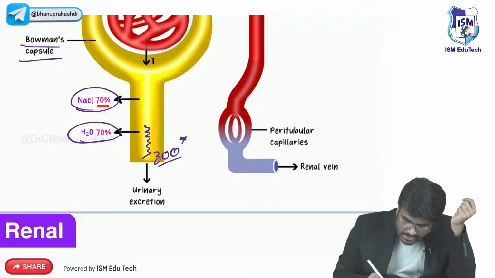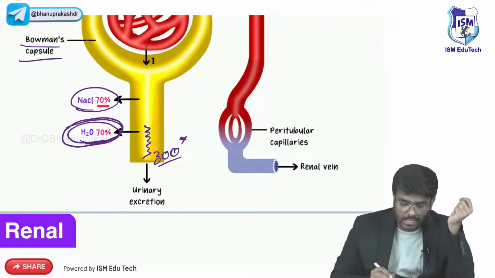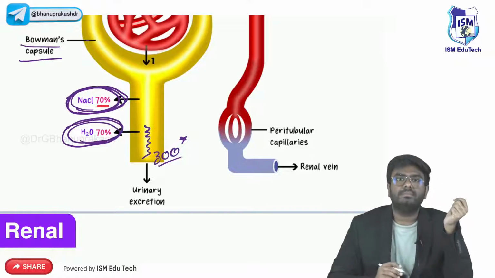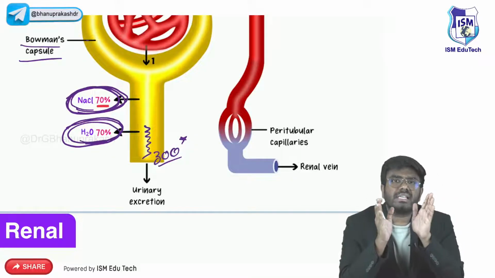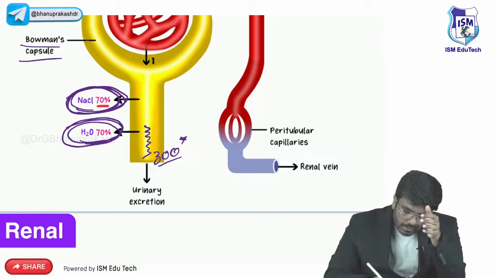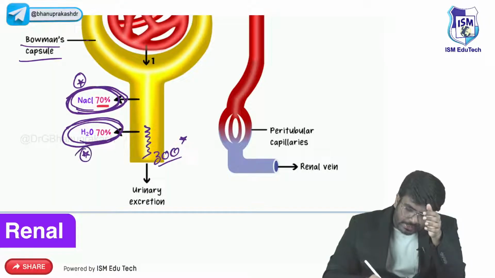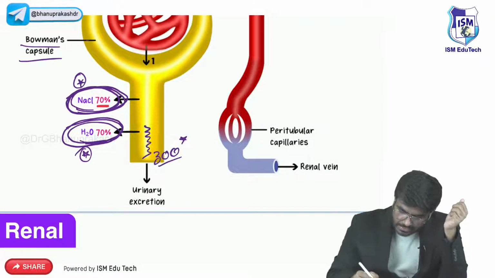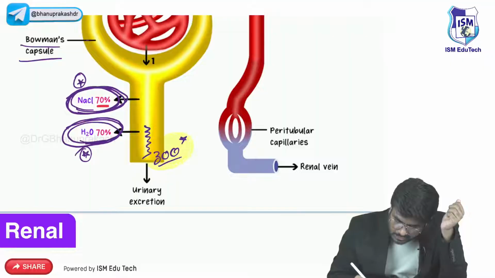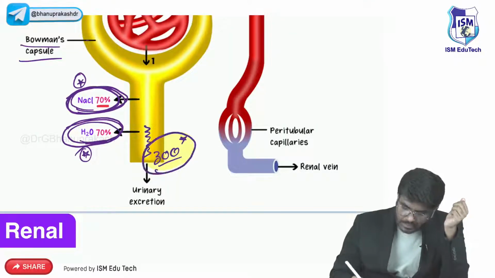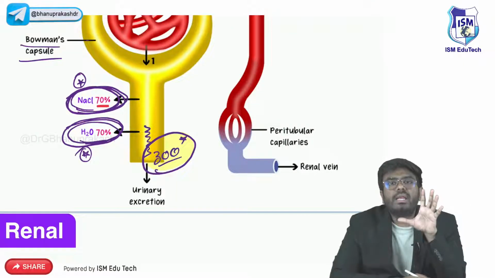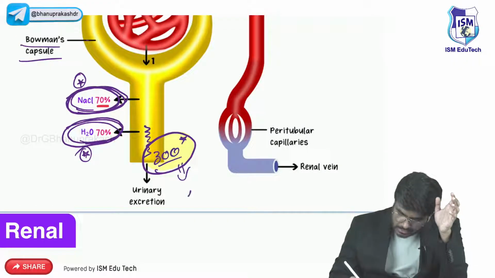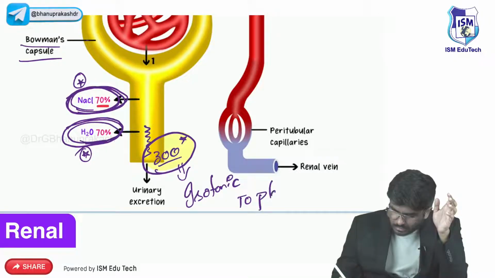Why? Because it's the same amount of solvent and same amount of solute. The major solute is the salt, sodium chloride. So, the solutes and solvents are reabsorbed in the same proportion. That's why in the proximal convoluted tubule, the urinary osmolarity is isotonic to plasma.